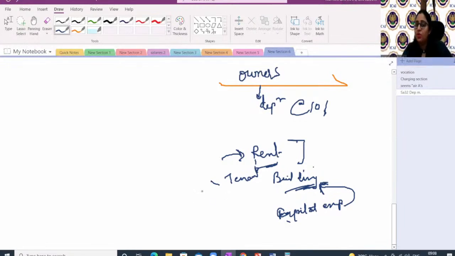Capital expenditure is not allowed to the tenant. But now he has done capital expenditure. But who gets depreciation on capital expenditure? Only the owner. I am the owner. If I do any capital expenditure, that would be converted into an asset and I'll claim depreciation. But what about this poor person who has actually incurred the capital expenditure?